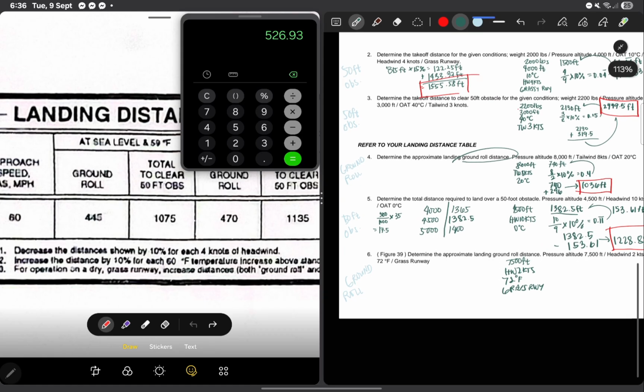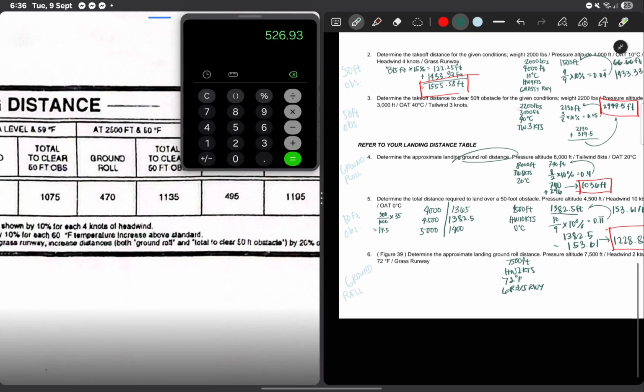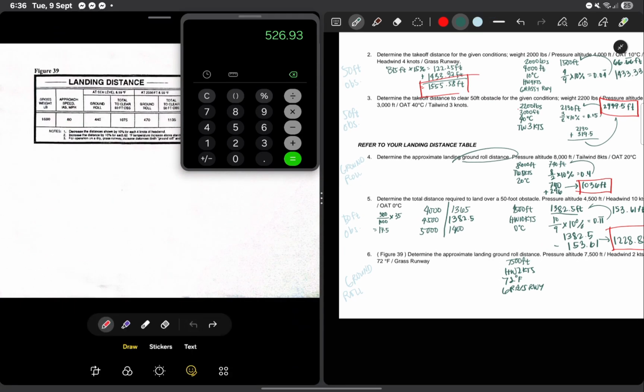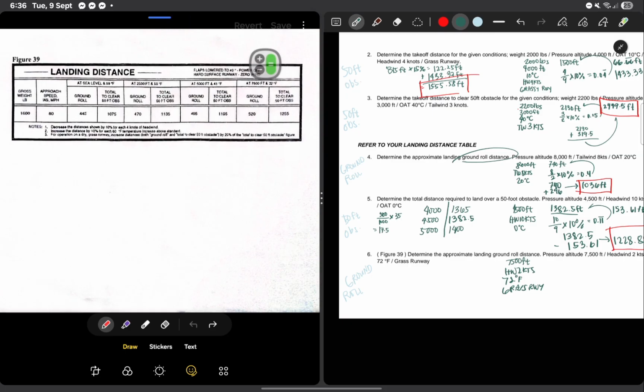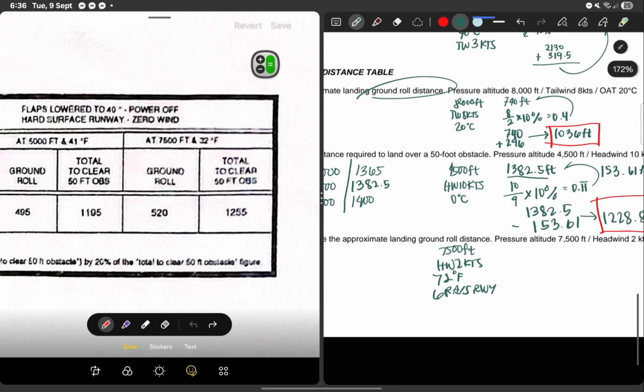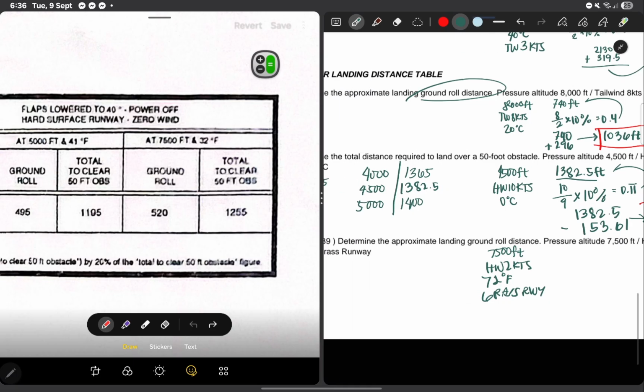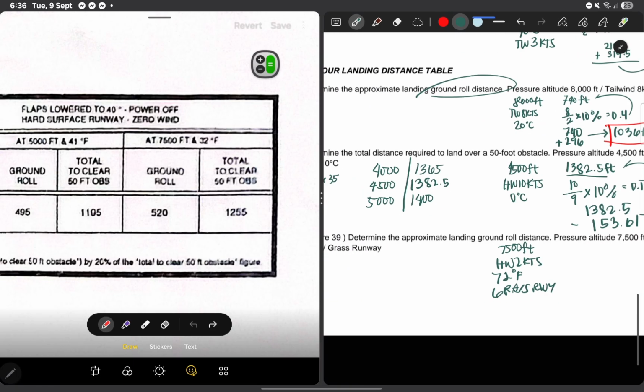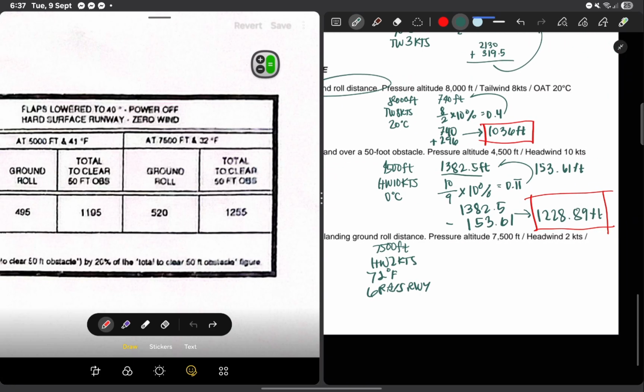Okay, let's look for a value for 7,500 feet. It's given here. Our ground roll distance is 520. So let's put 520 here.